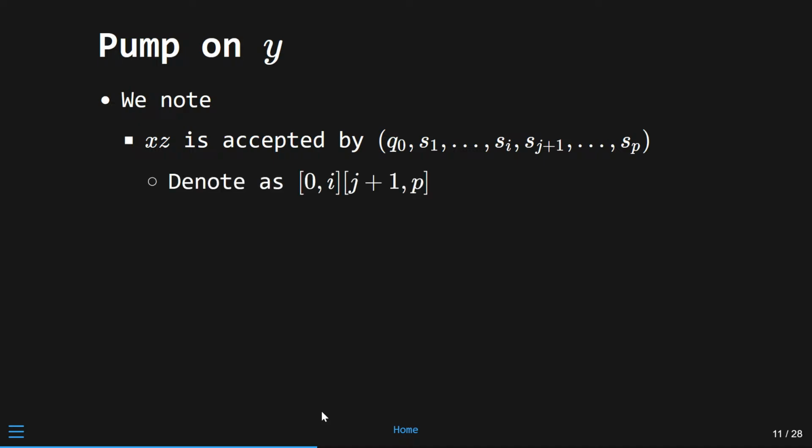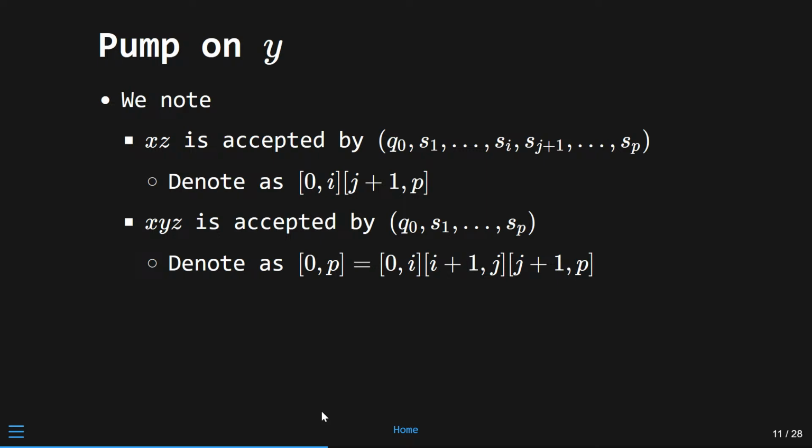There's plenty of ways to write this. I wrote this in interval notation, 0 to i, j plus 1 to p. Actually, the best way to write this is Python slices. I think I have slices here.